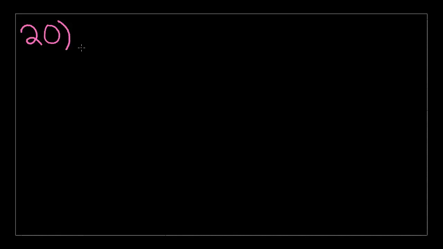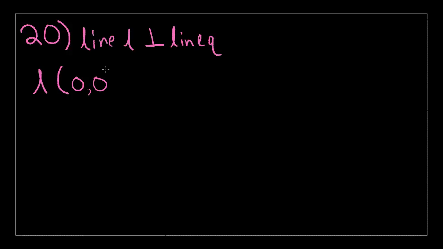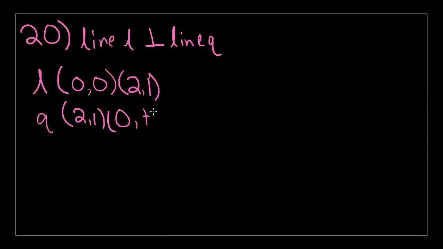In the xy coordinate plane, there is line L, and line L is perpendicular to line Q. Line L contains the points (0, 0), which is just the origin, and (2, 1). Line Q contains the points (2, 1) and (0, t).